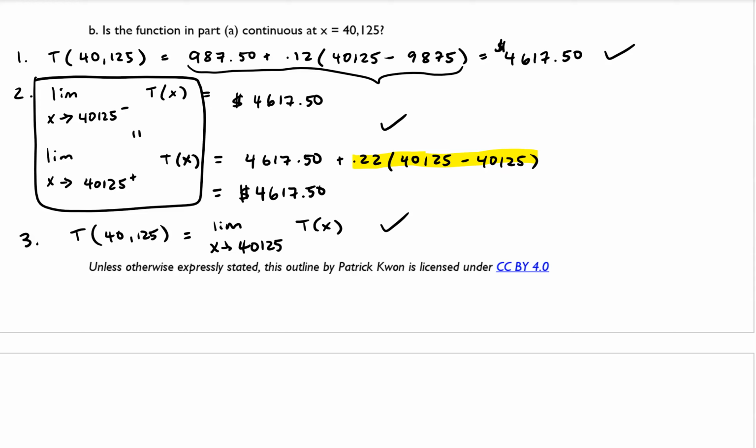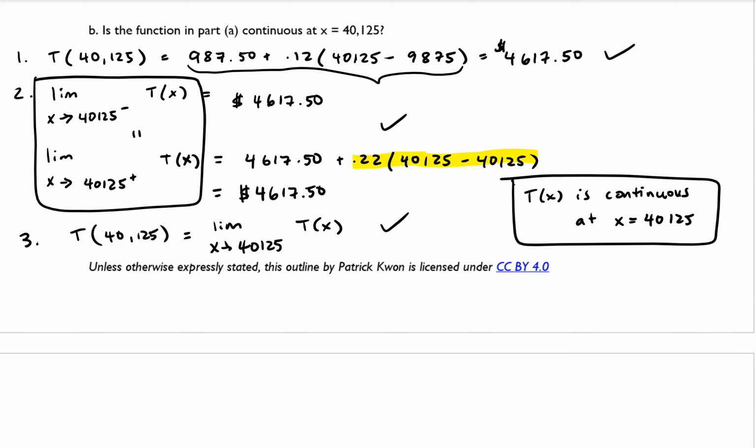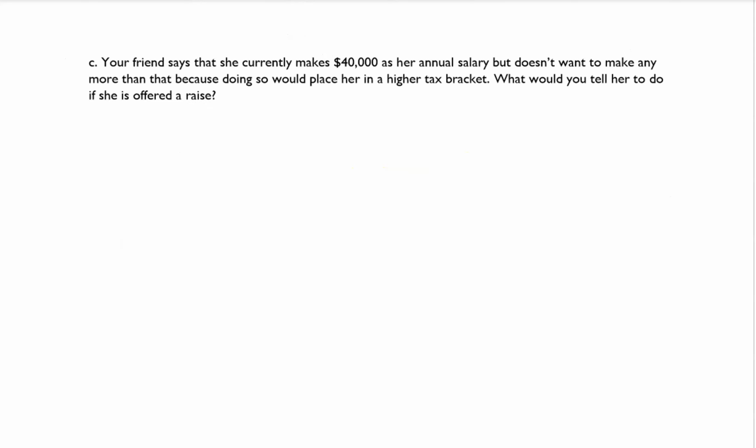So all of that work just to show that T of x is continuous at x equals 40,125. So if you're doing homework problems like this, you do need to show all of these steps and that all three conditions are met. So keep that in mind when you're working on your homework.